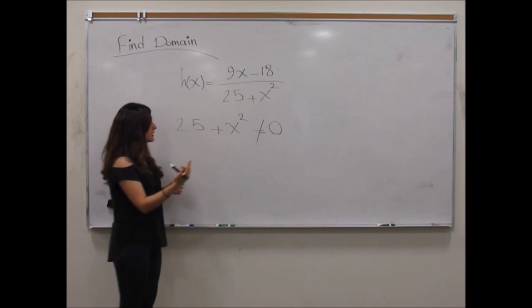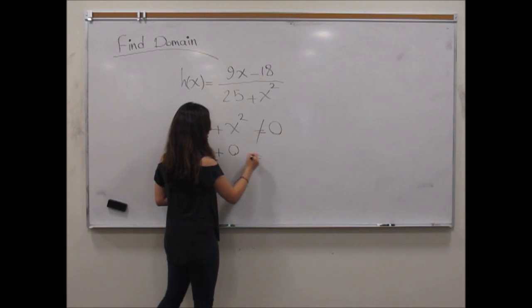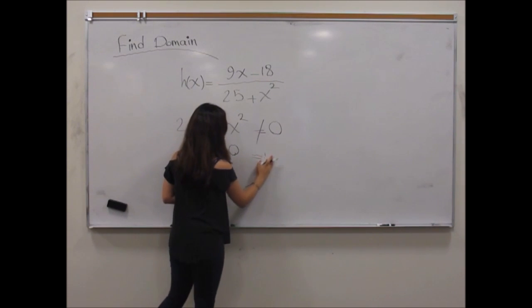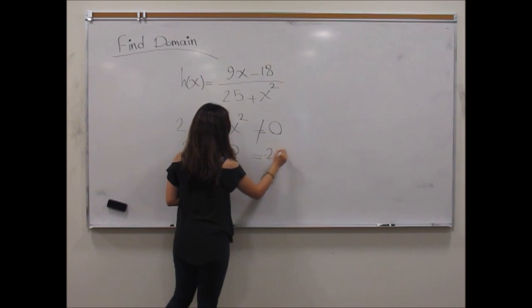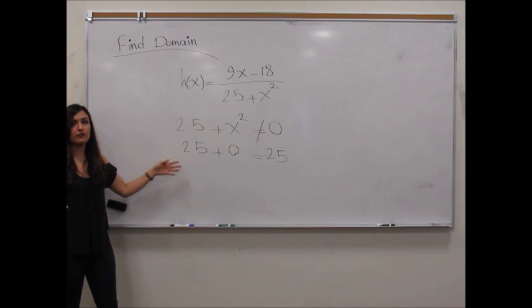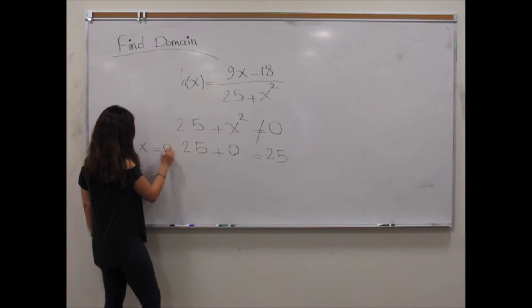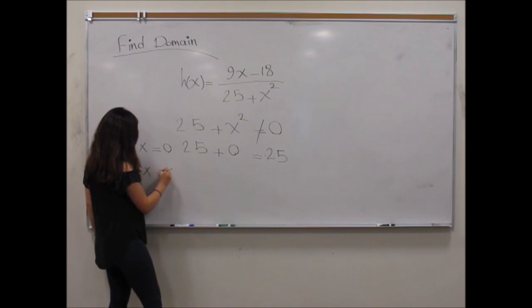Even if I plug in 0 for x, I get 25 plus 0, and that's 25. That's still not 0. You might guess that for -5 or +5 this might be 0, but let's check that. So that was for x equal to 0. Let's see, x equal to 5.